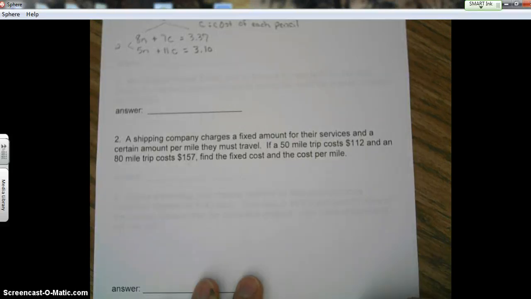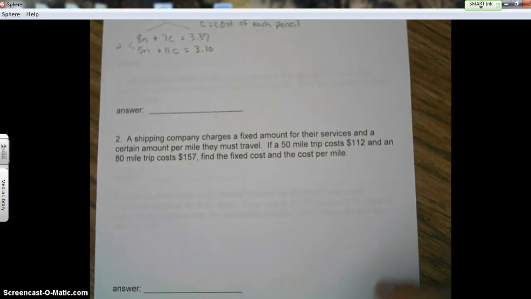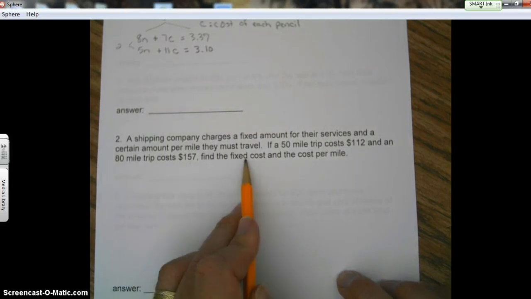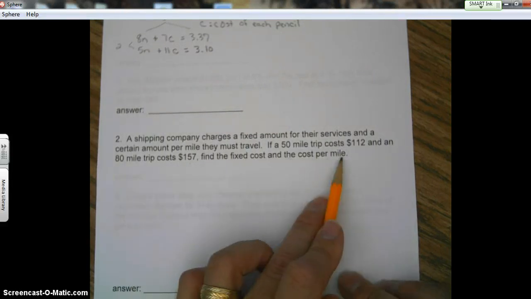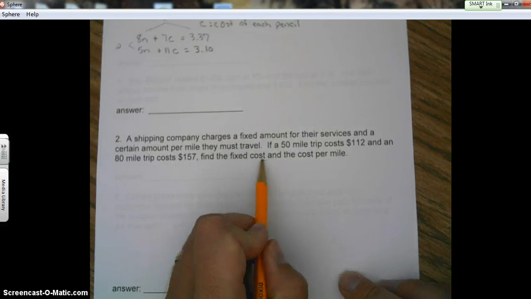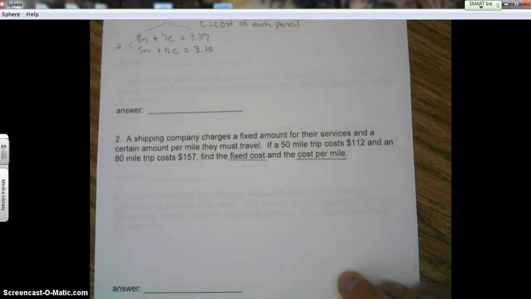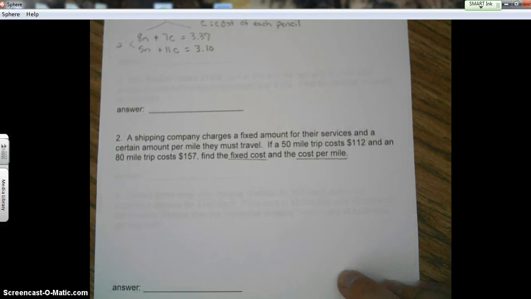Number 2. I'm going to let you read this one to yourself. So pause the video and read it, please. All right, it says find the fixed cost and the cost per mile. So right there they tell us the 2 pieces of information that we need to find. We're going to use a variable for each.